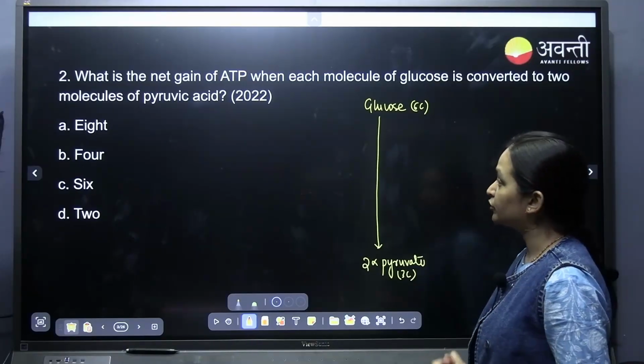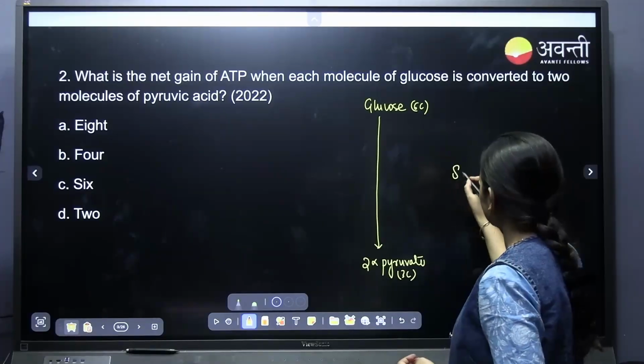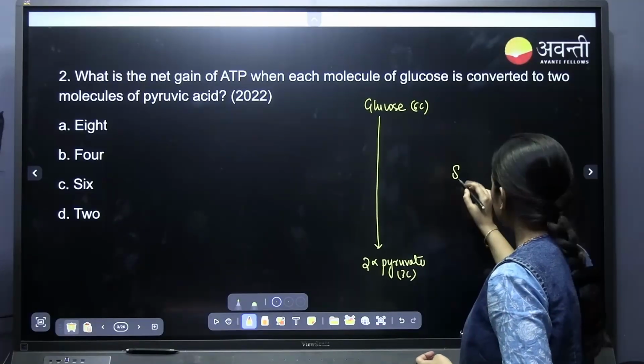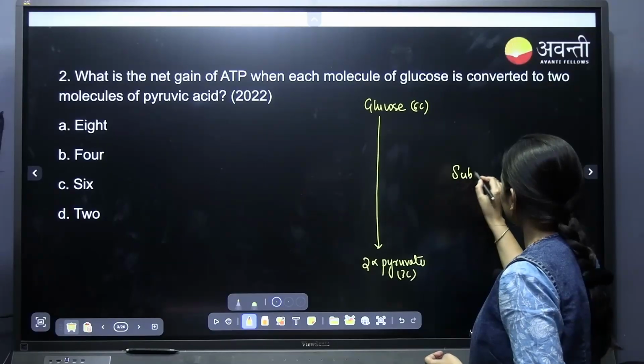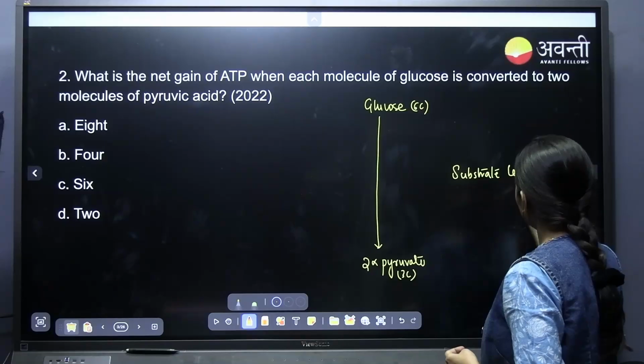In that we need to find the net gain of ATP, only ATP, that is substrate level phosphorylation we need to say.